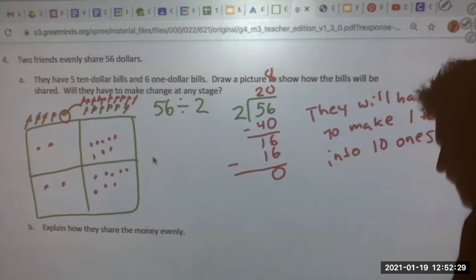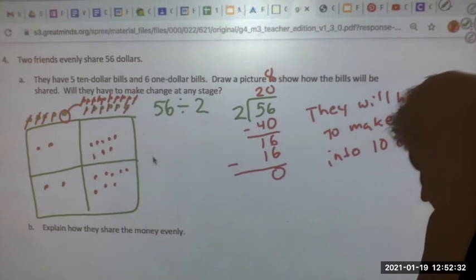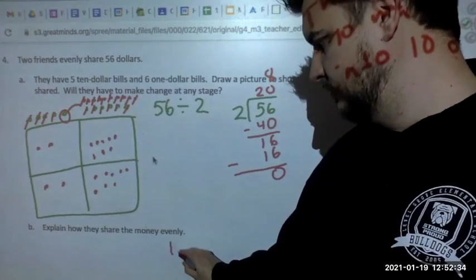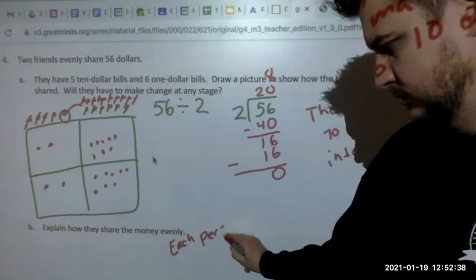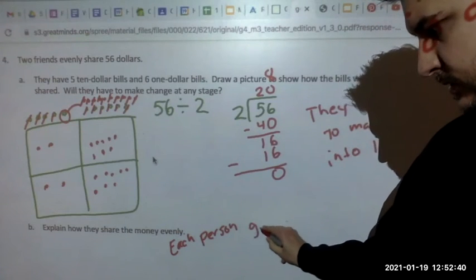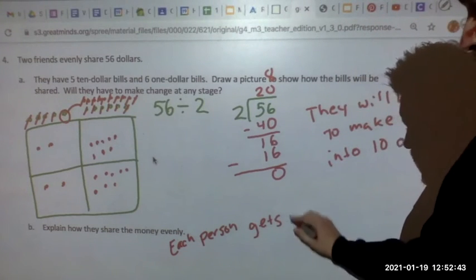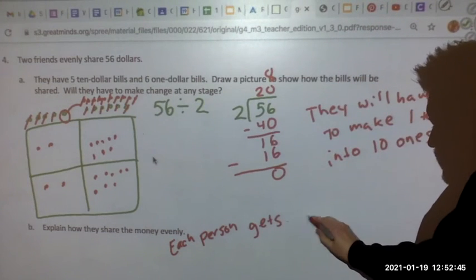Okay. Explain how they shared the money evenly. So each person gets 28 bucks.